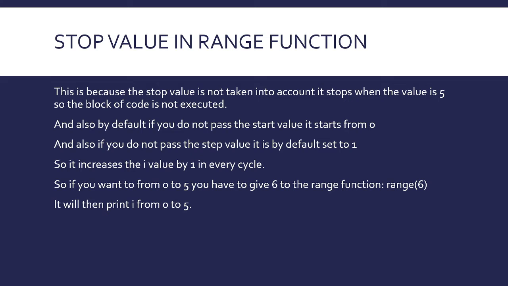By default, if you do not pass a start value, it starts from 0, and if you don't pass a step value, it is set to 1, so it increases the value of i by 1 in every iteration or cycle. If you want to print values from 0 to 5, you have to give 6 to the range function, as I have said earlier. Then it will print from 0 to 5.